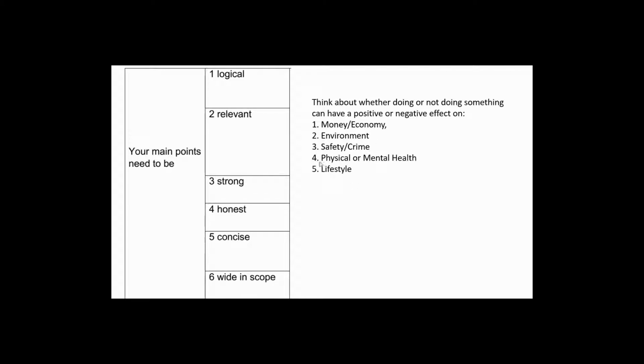Because these issues are all strong issues, or rather they are issues from which strong arguments can be made. They affect everybody, so they are wide in scope, and if you choose the correct ones, then they will be both relevant and logical.